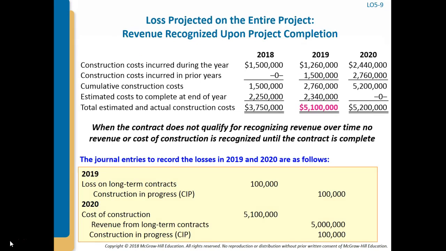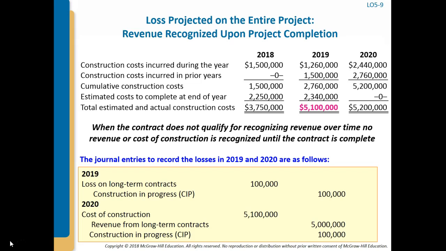When the contract does not qualify for recognizing revenue over time, revenue recognition is delayed until project completion. However, if an overall loss is anticipated, that loss must be recognized in the first period it's anticipated. So in our example, in 2018, nothing gets recognized because no overall loss is even anticipated.